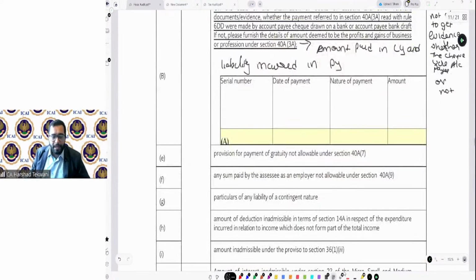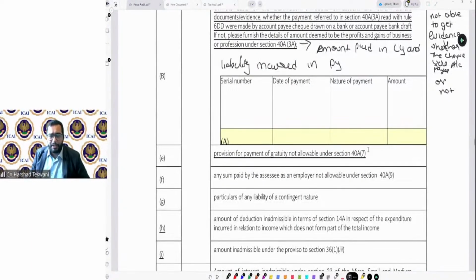Okay, then again, provision for payment of gratuity not allowable under section 40A(7), and any sum paid by an assessee as an employer not allowable under section 40A(9).